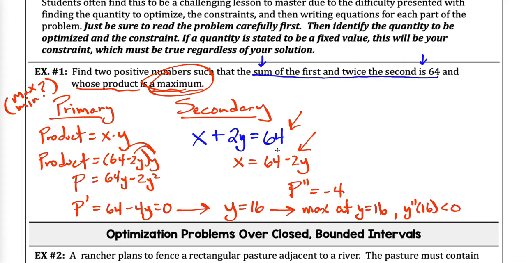It doesn't matter which one you plug it in, though. So if I plug 16 into that second one, I get 32. So then I would say x is 32, y is 16.